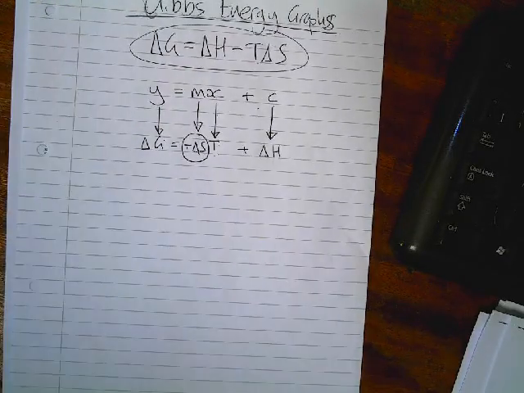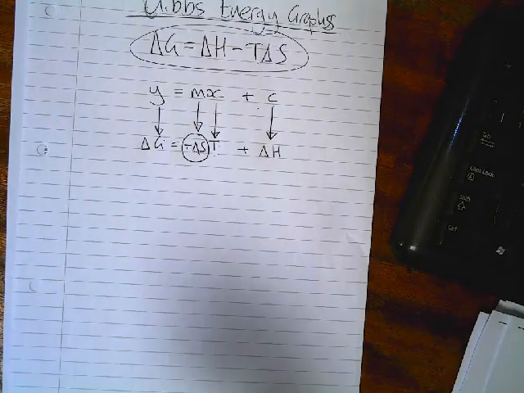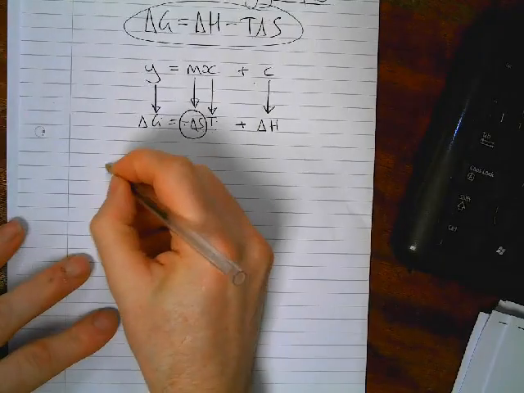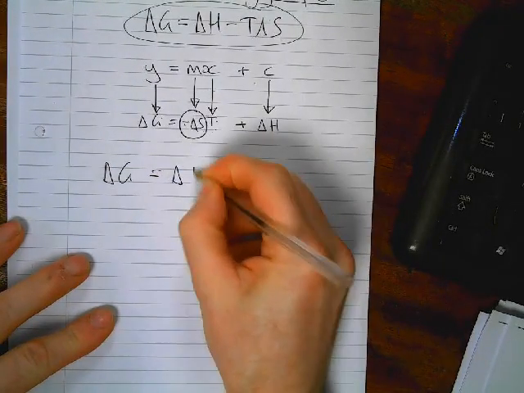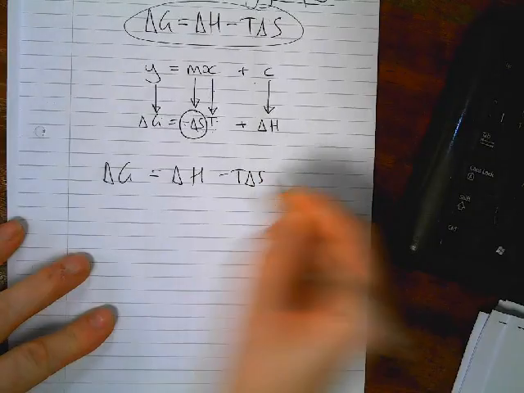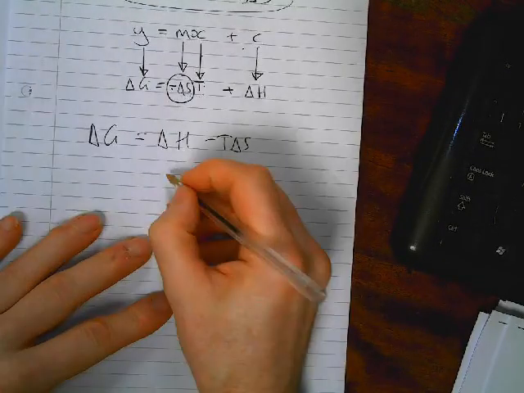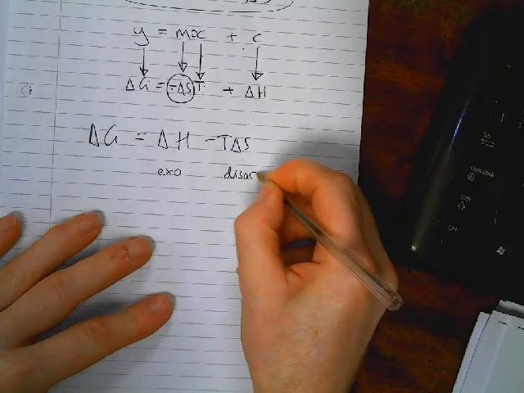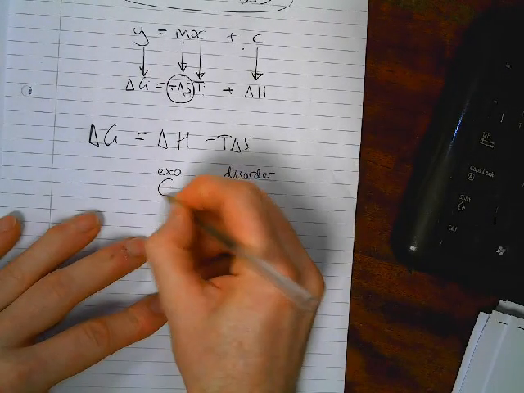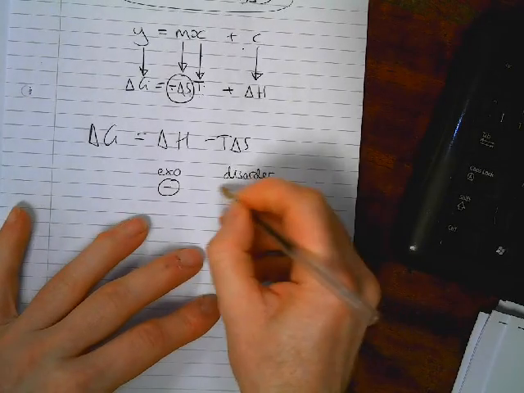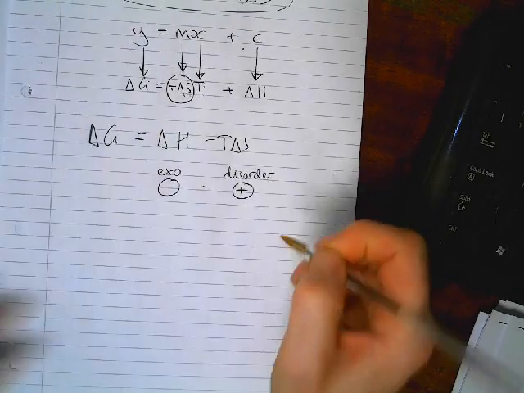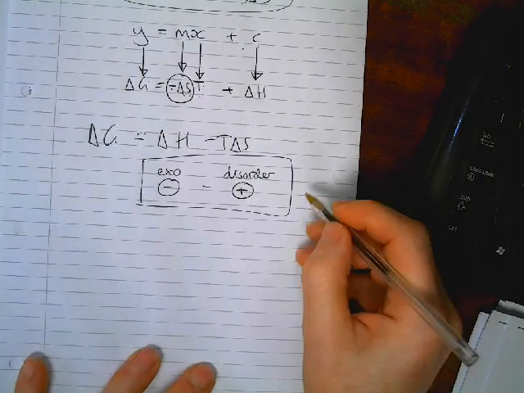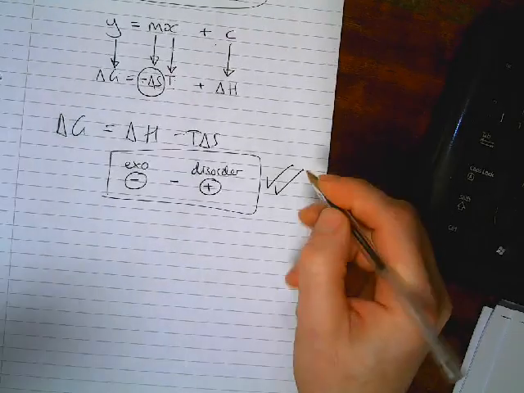A little recap then. When we're just dealing with delta G, there are 4 different scenarios that we would expect. Let me remind you of these because there are going to be 4 graphs. I'm going to write delta G equals delta H minus T delta S. We can have an exothermic reaction that creates disorder, so a negative value for delta H and a positive value for T delta S. I hope you remember from previous lessons that this reaction is feasible at all temperatures.